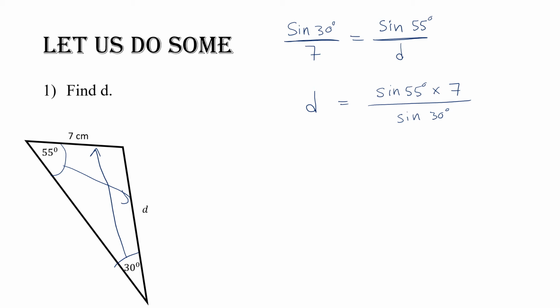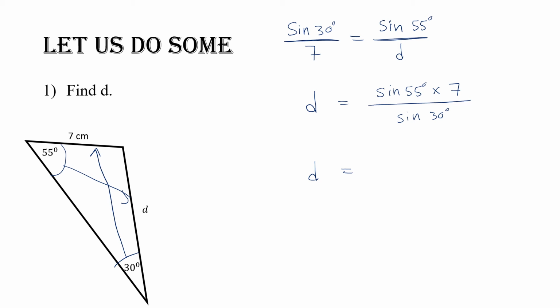That's all there is to it. To solve for d, this is where we just use our calculators. So get sine of 55, multiply by 7, and then divide that by sine 30. I'm doing this quickly on mine. So sine 55 multiplied by 7 is equal to this, divided by sine 30, which I think is a half.